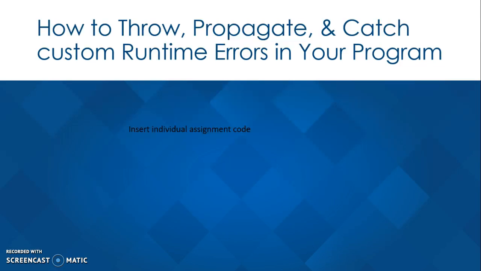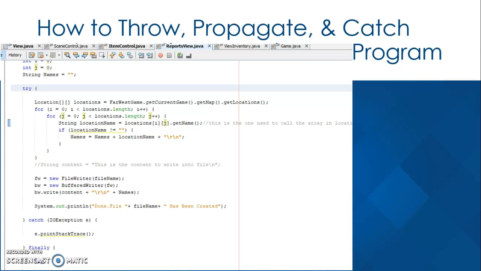Now, how are we going to throw, propagate, and catch custom runtime errors in our program? A try-catch statement basically works so that every time we run our code, it'll try to find any errors. And if it does find any errors, it will let us know with a specific error message created inside another class.